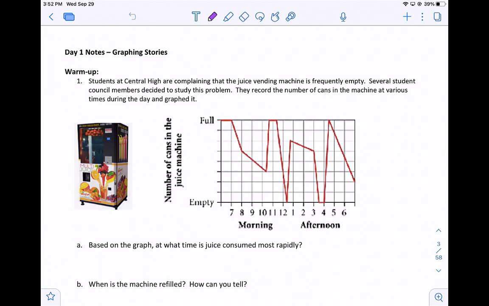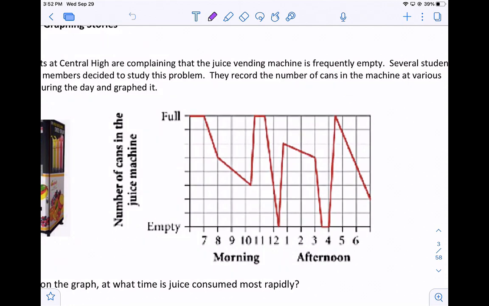A, based on the graph, at what time is juice consumed the most rapidly? So if we take a look at it, we're looking for when is the juice leaving the machine, and there's a few spots here where it leaves. And we're looking at which one is the steepest, right? When is it leaving the most and the steepest?